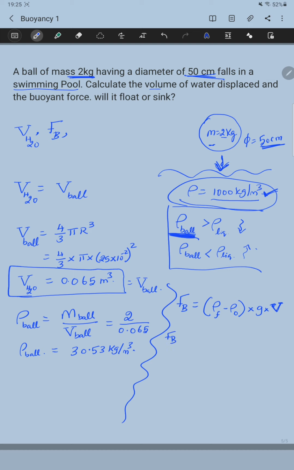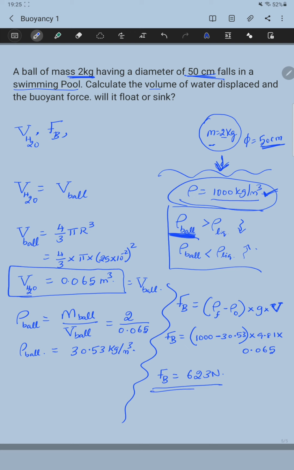So FB equals the density of the fluid, here it is water, so 1000, minus 30.53, the density of the object, times 9.81, times the volume 0.065. If I put this all in the calculator, I get 623 Newton.